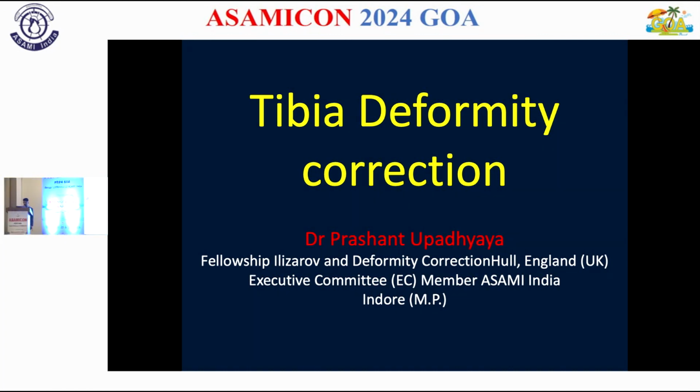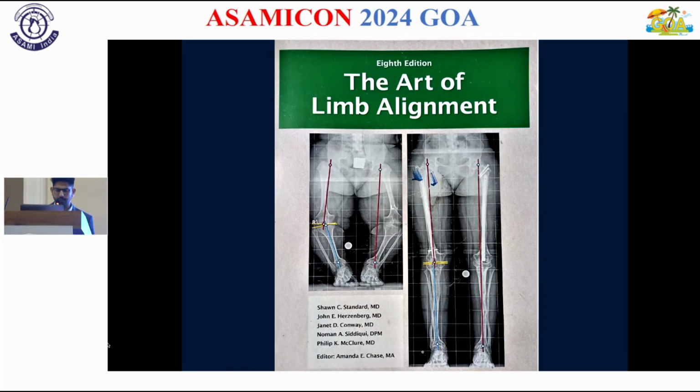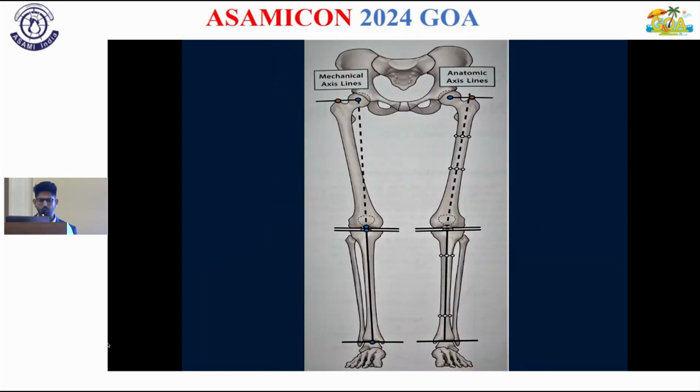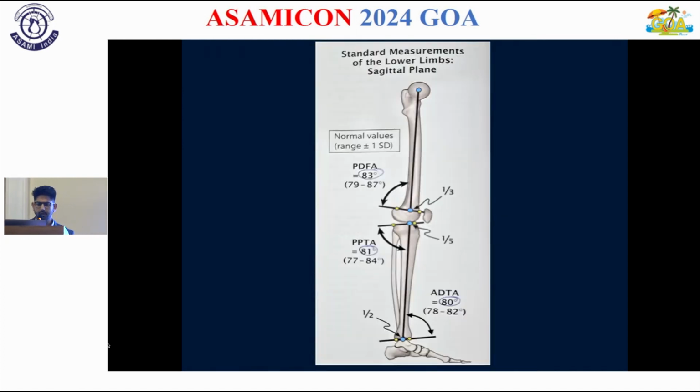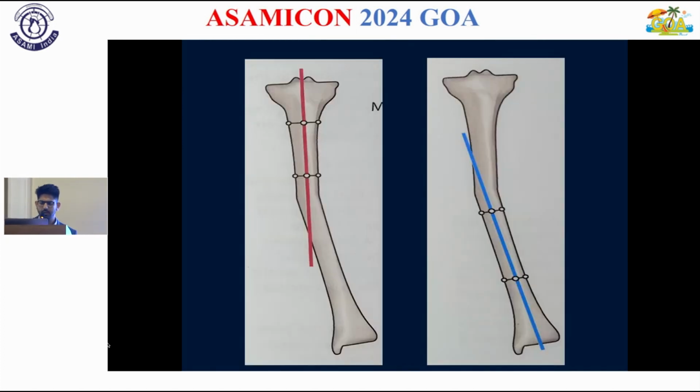Good morning, everyone. This topic is a very basic topic, TBI deformity correction. I think almost all the points have been told by Lakshmi, and we already know the mechanical axis, anatomical axis, all the angles. So I'll skip this.